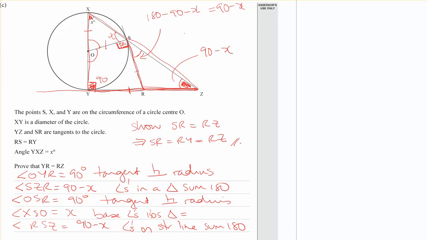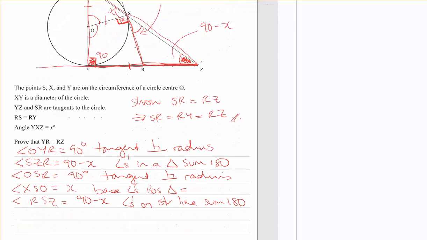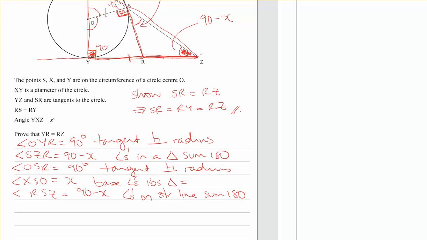And so I've done it because now I've shown that those two angles are the same, which means it's isosceles, so those two sides are the same, which means it's the same as that. So we'll just finish off by noting that angle RSZ equals angle SZR.